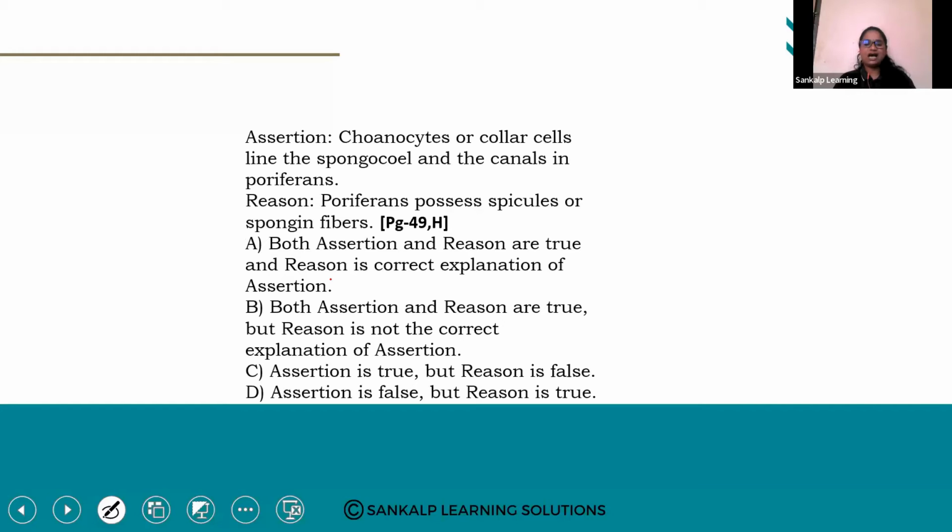A is false, R is true. So the right answer is option B, that is A and R are true, and R is not the correct explanation of the assertion, because both are different statements.